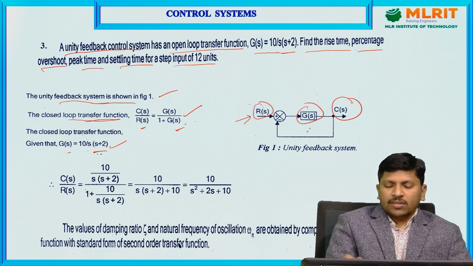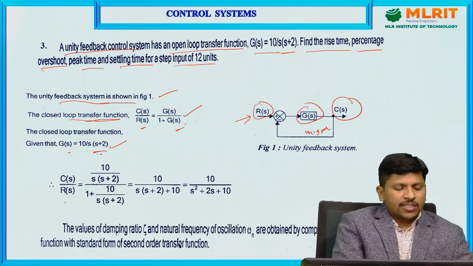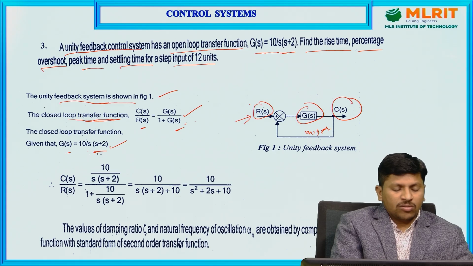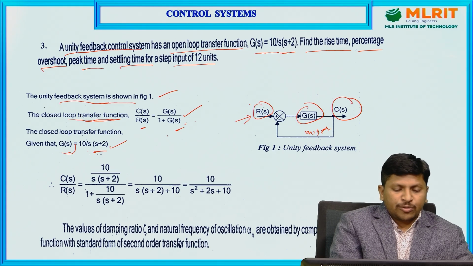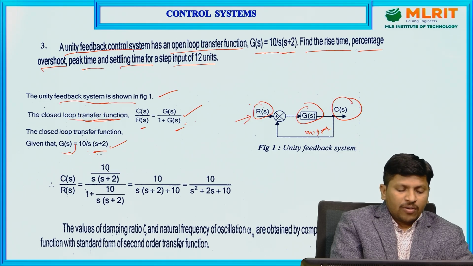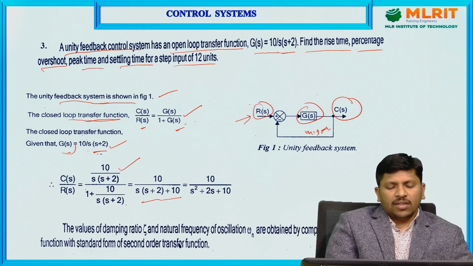The feedback H of s equals 1, so unity feedback, right? So C of s divided by R of s equals 10 divided by s square plus 2s plus 10.